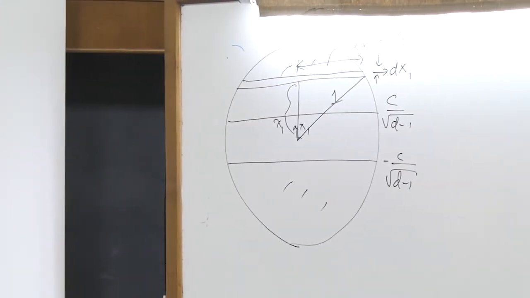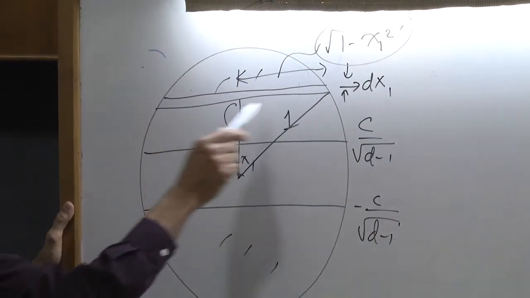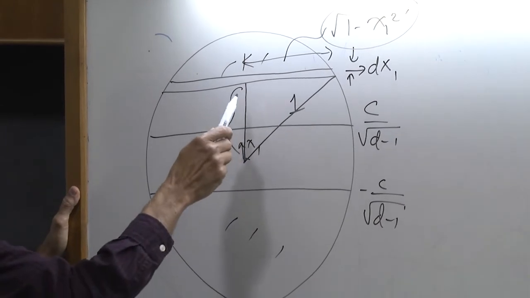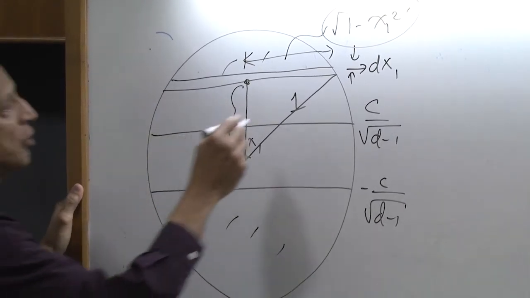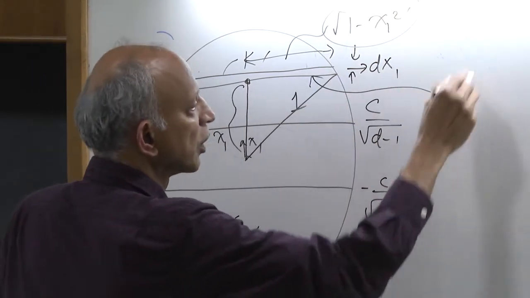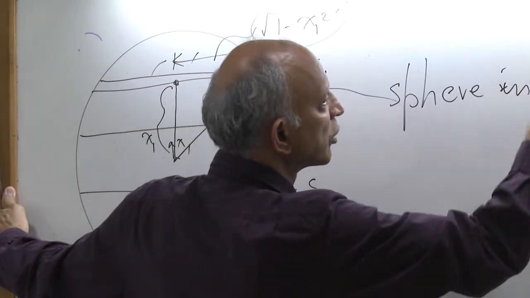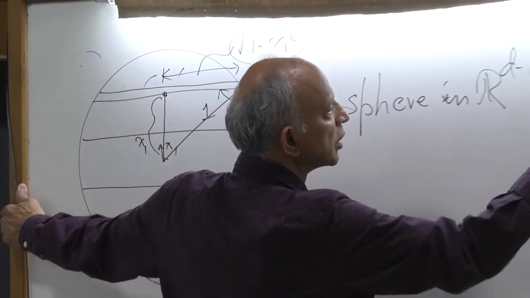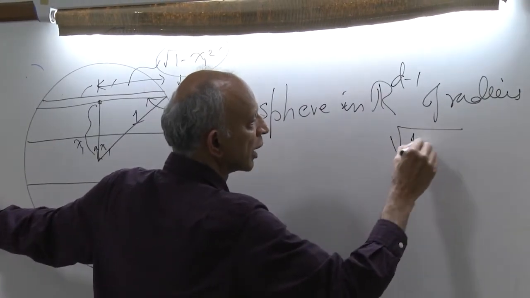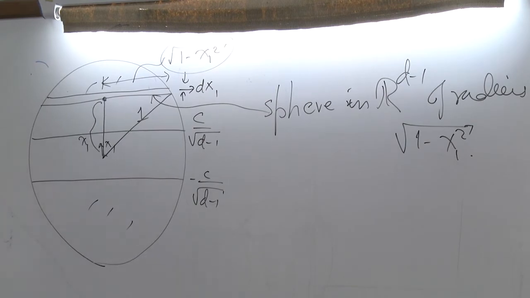Now, I'm going to take the d minus 1 dimensional volume of this. This is a sphere, this flat thing, I guess I should have drawn this picture, in d minus 1 dimensions of radius root 1 minus x1 squared.